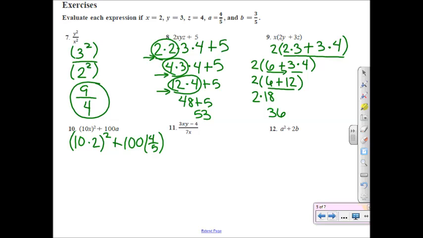So in parentheses, I'm going to do these things first. So 10 times 2 is 20. And then figuring out what 4 divided by 5 is, 4/5 is 0.8. And I could easily write that as times 0.8.